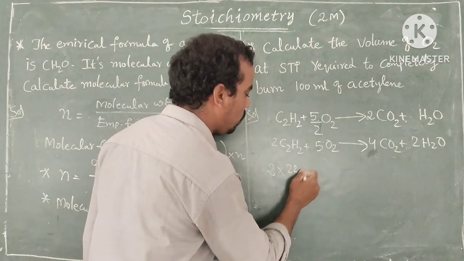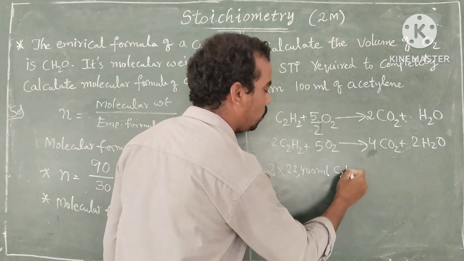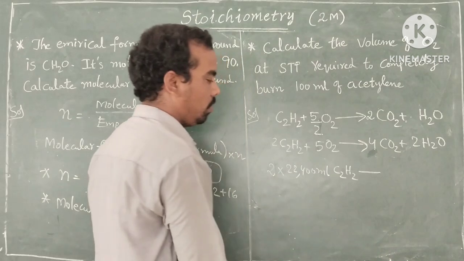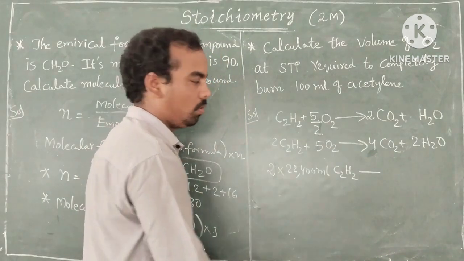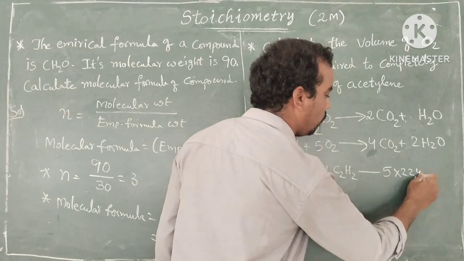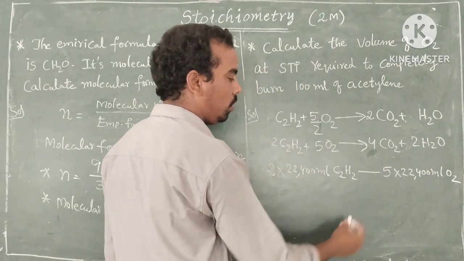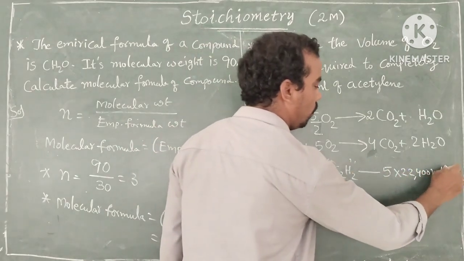So 2 into 22,400 ml of C2H2 requires 5 moles of oxygen, that means 5 into 22,400 ml of oxygen.